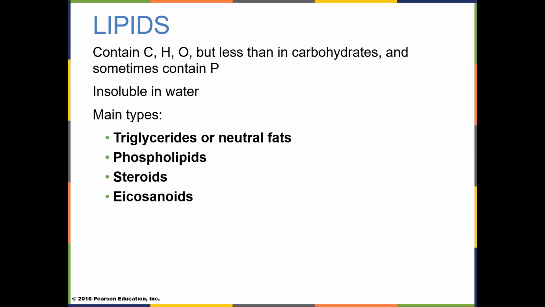So, second category are the lipids, the fats. And we always look badly at fats, but fats are healthy too. We have to have a certain amount of fat in our diet.